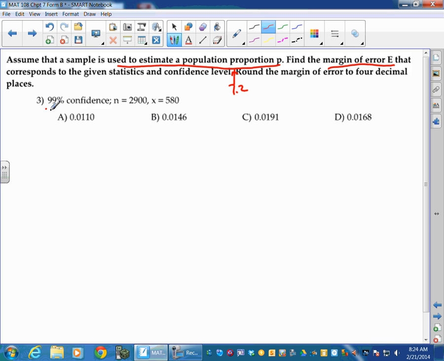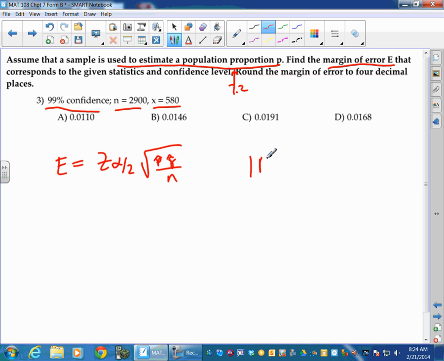So, we have 99% confidence, we have N, we have X. We're on board 7-2. So, any ideas? E equals Z alpha over 2, root P hat Q hat over N is one choice. Do we have another choice?